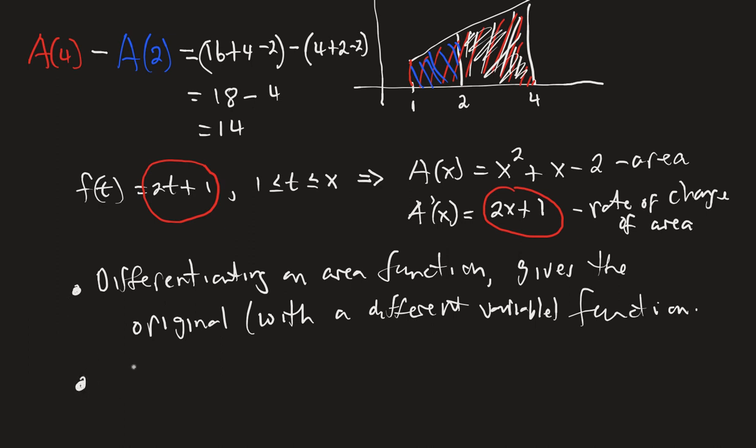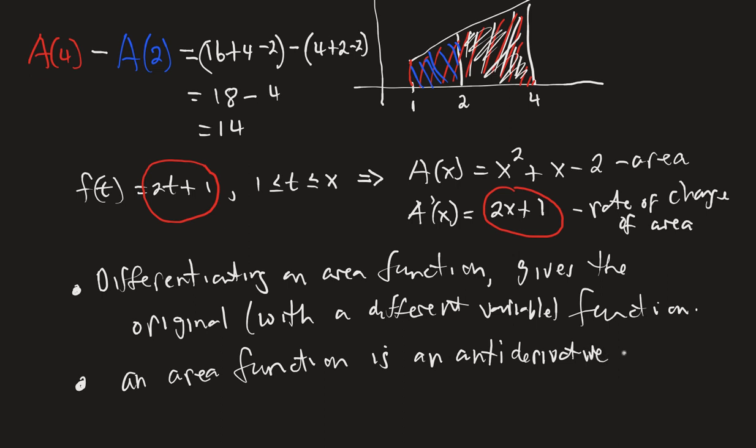So this implies that an area function is an antiderivative of the original function. When I say original function, I mean the function whose graph we drew, and used to define the region whose area we then computed.